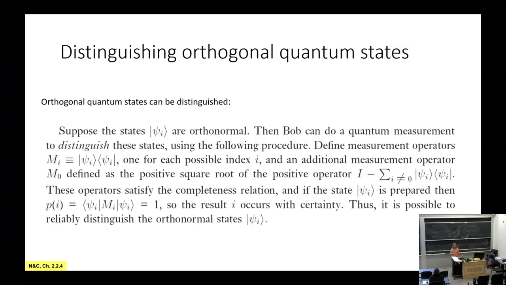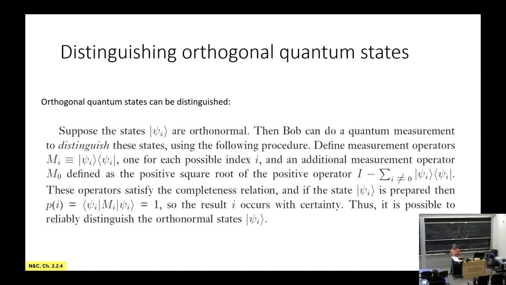All right, so if we suppose that the states are orthonormal, then Bob can do a quantum measurement to distinguish those states. So how can you do that? He's going to define his measurement operator Mi as the outer product of psi i with itself, and he's going to write down one of these for each possible index i.